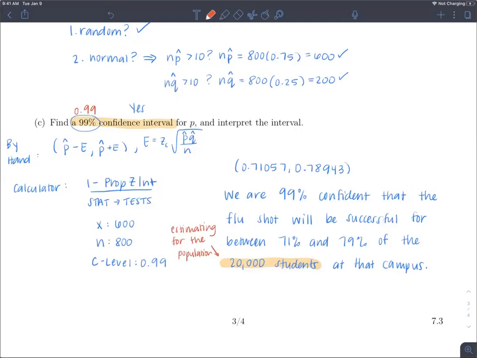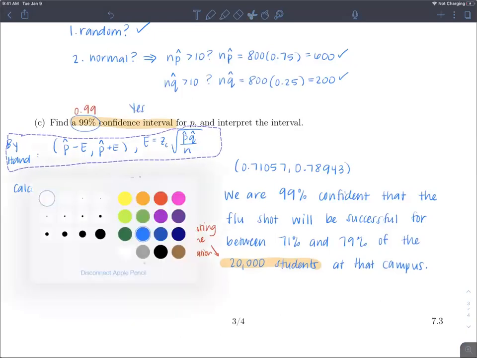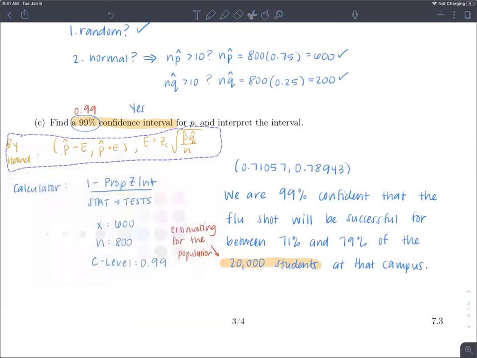But the margin of error, you don't always have to use it. Let me kind of separate this. I didn't actually use it when I was doing this example, right? This is only if you want to do it by hand.